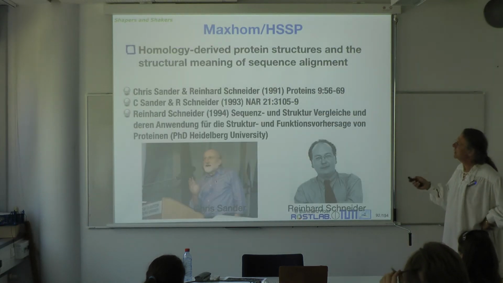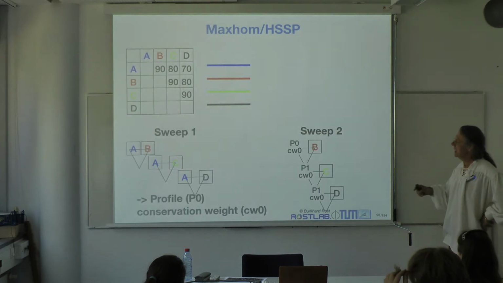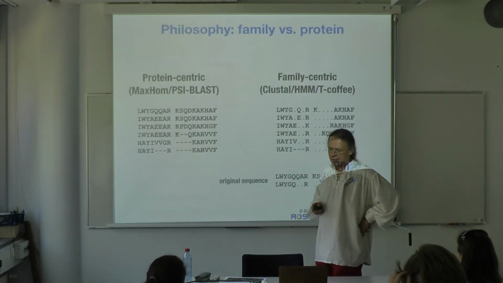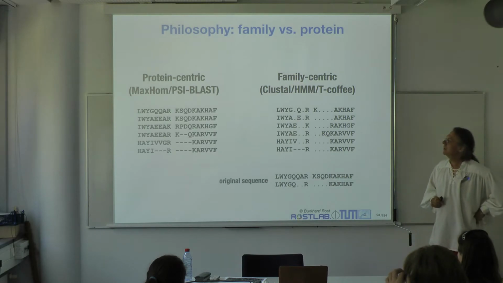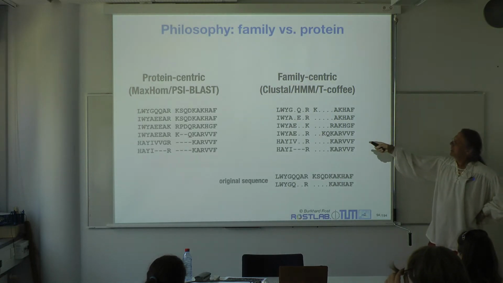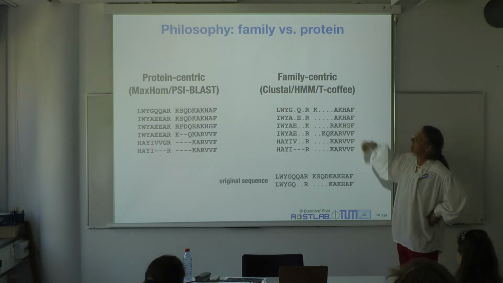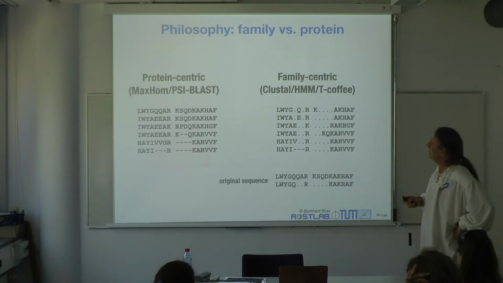That is the group behind the HSSP value that I showed you, the length versus sequence identity. Essentially it uses something similar to Clustal, but the important difference that I want to point out is the one between the protein-centric alignment that PSI-BLAST and Maxhom have, and the family-centric alignment that Clustal has, and we get into the HMM and T-Coffee in a moment.